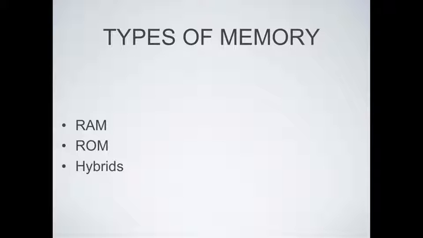RAM is volatile. The data that you put into RAM will be retained so long as there's power to the system or power to the chip. Once the power is lost, then the data is lost also. ROM is non-volatile, so the data is retained even after the power is turned off.